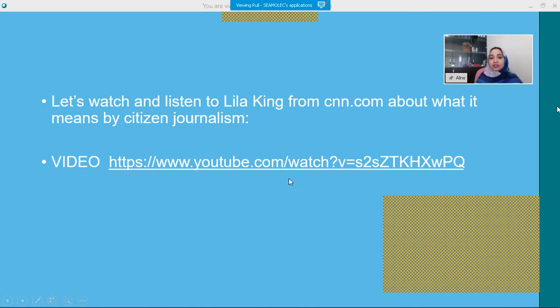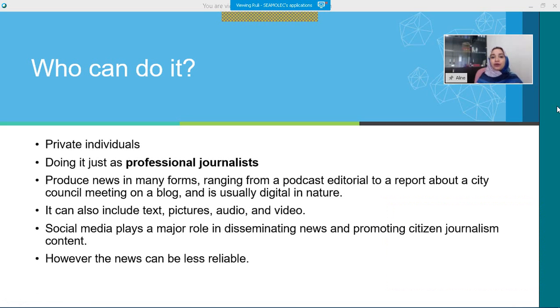It can also include text, pictures, audio, and video. It's not only text or only video, it can be a combination of them all. Social media plays a major role in disseminating news and promoting citizen journalism content. So social media plays a very important role in the emergence of citizen journalism.